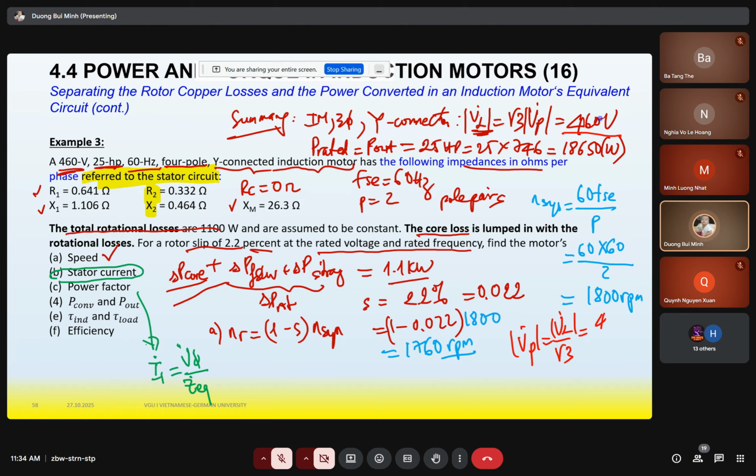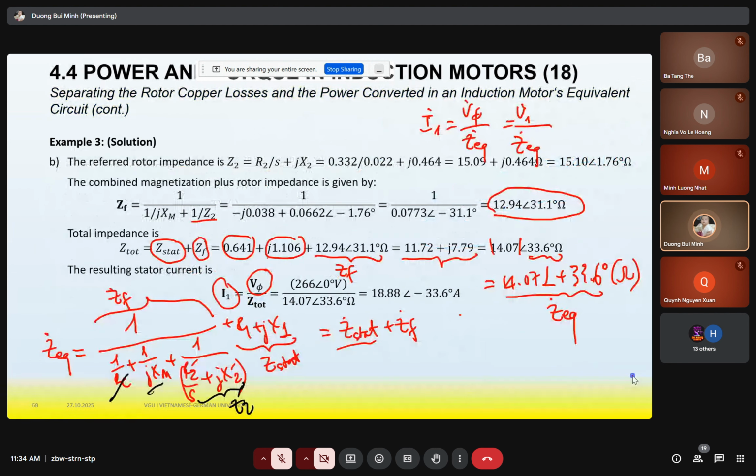That means 460 over square root of 3, which gives 265.6 volts.